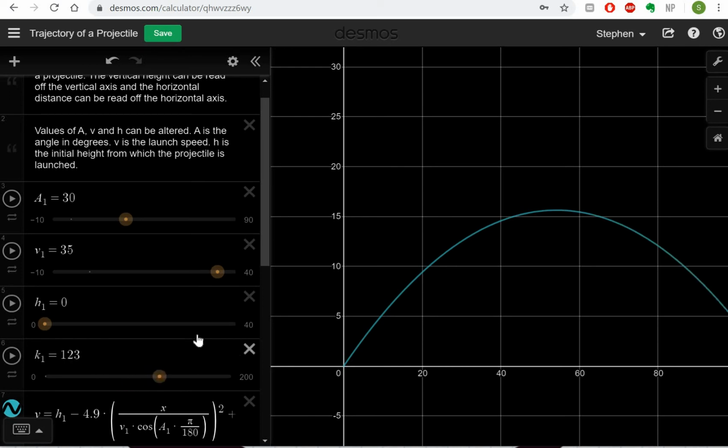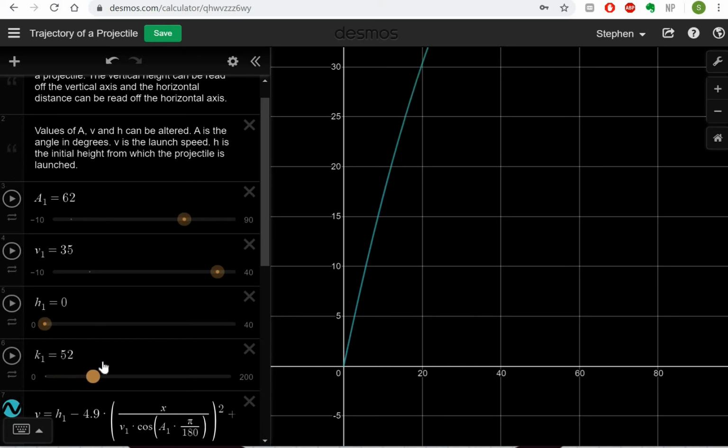And that makes sense. If we decided to keep the velocity at 35, but then reduce the angle back down to, say, 12 degrees, it makes sense that we have a much flatter projectile. And likewise, we could up the angle really high. Right, let's go 62 degrees. So it shoots off up before then returning down.